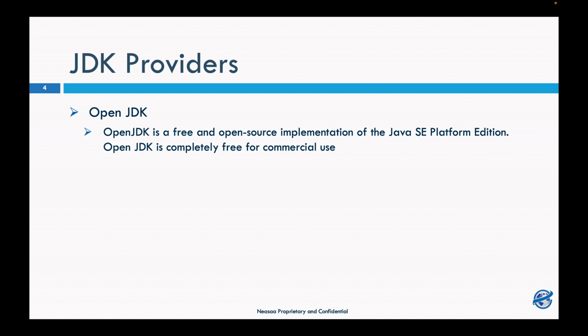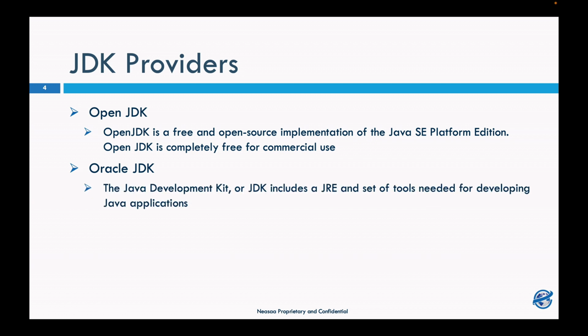So who provides the JDK, from where we can get the JDK? Right now there are multiple providers for JDK. One is OpenJDK, which is developed by the Java community and which is free for commercial use. Second is Oracle JDK, which is provided by Oracle, and this is free to use if you're using it for your training or for development, but it's not free for commercial use.